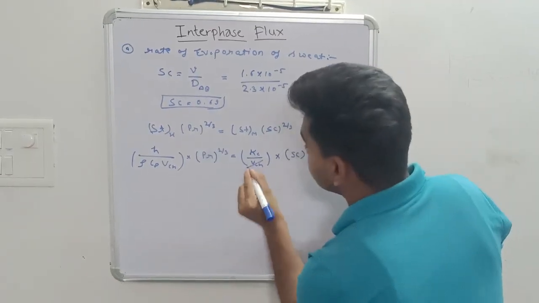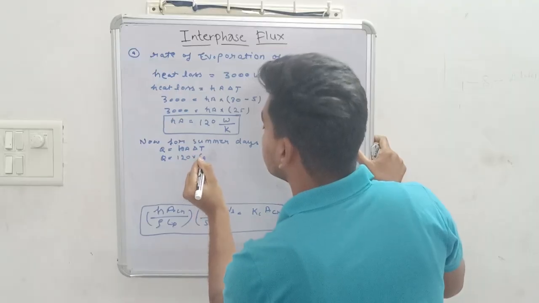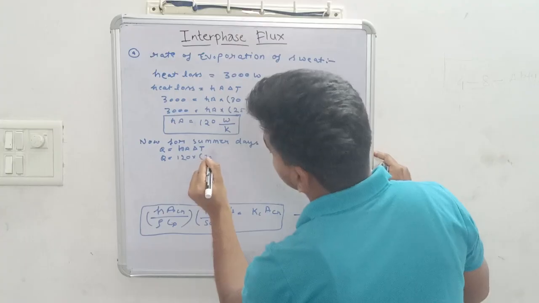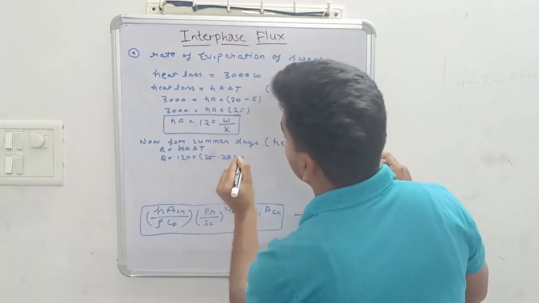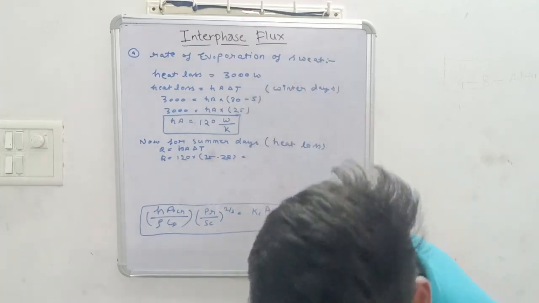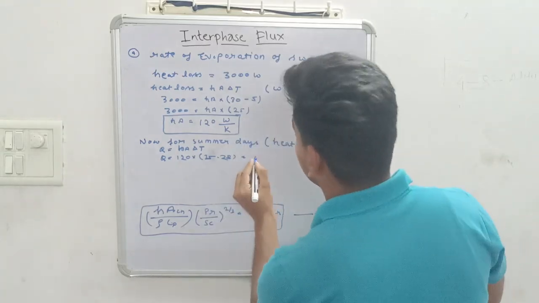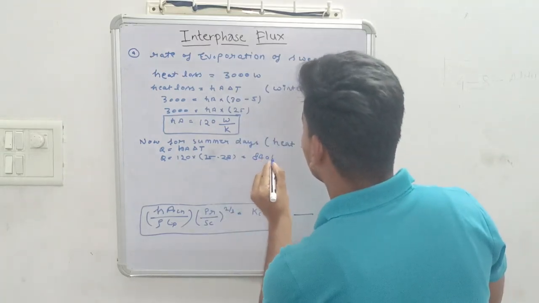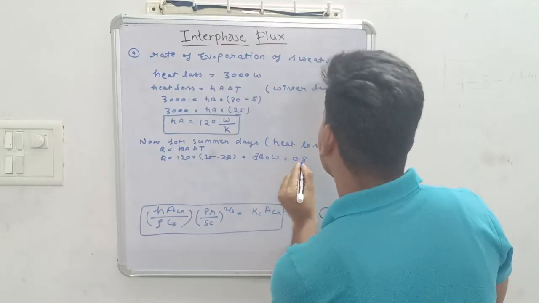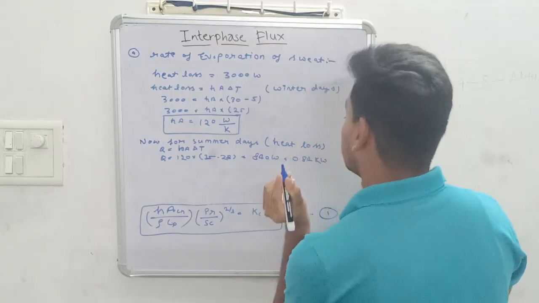Here Kc is the mass transfer coefficient and V characteristic is the characteristic velocity. The temperature difference is 35 minus 28. By calculating this, we get the value 0.84 kilowatt.